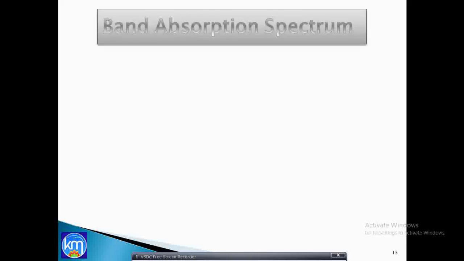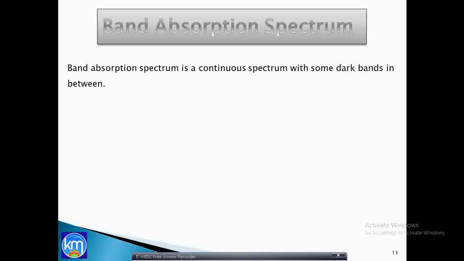Next and the last type of absorption spectra is our band absorption spectrum. How does it look? A band absorption spectrum looks like a continuous spectrum with some dark bands in between. You can see these dark bands in the case of KMnO4 solution.